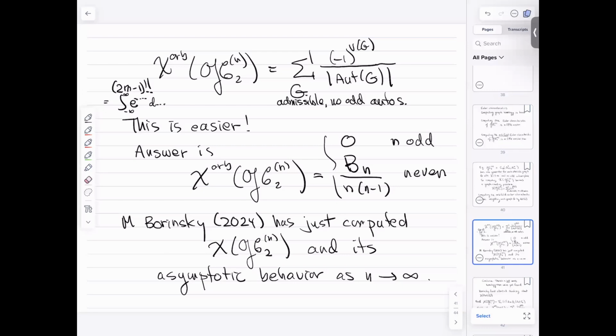But anyway, you can use one of these physics tricks, especially this Gaussian integral, and get an answer. The answer is that the orbifold Euler characteristic of this is 0 if n is odd, and it's the nth Bernoulli number divided by n times n plus 1 if n is even.